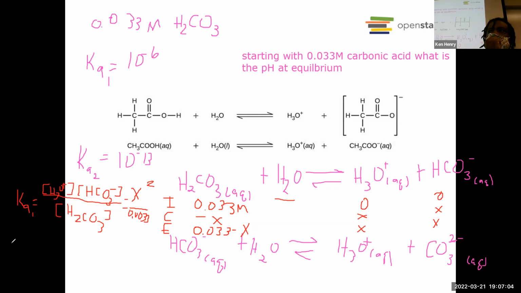So then we get 3.3 times 10 to the minus 9 equal to x squared. So x is equal to... can anybody do the math for me?